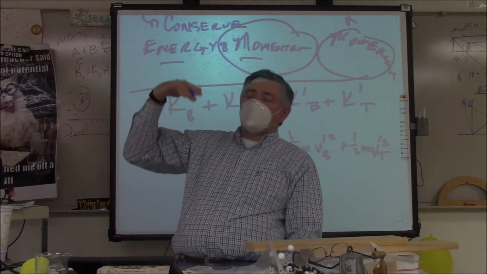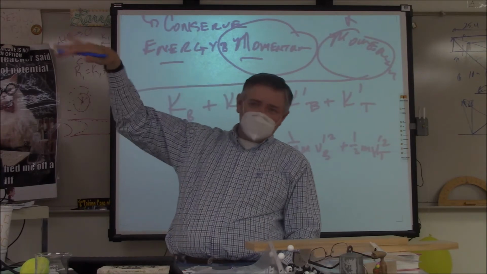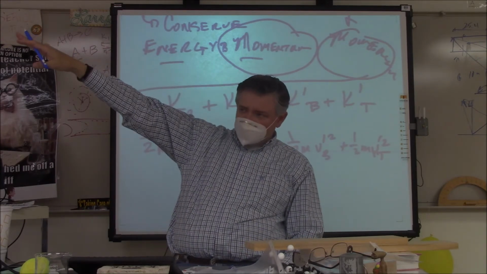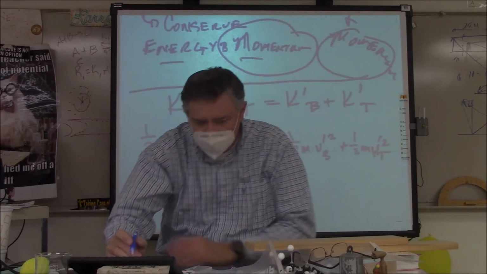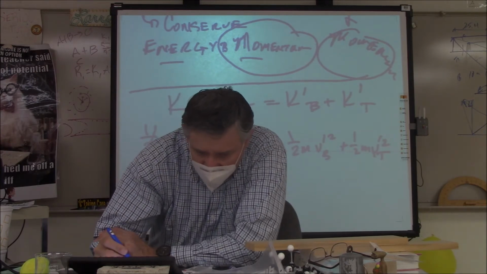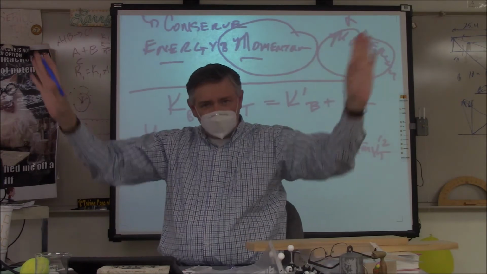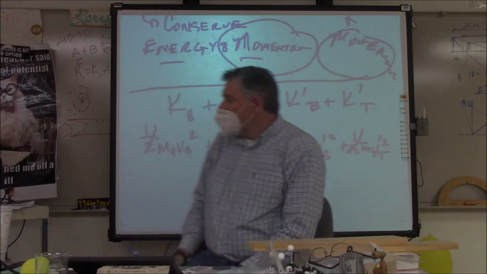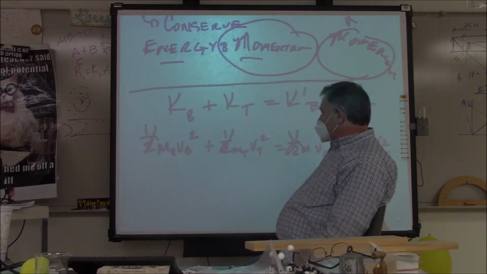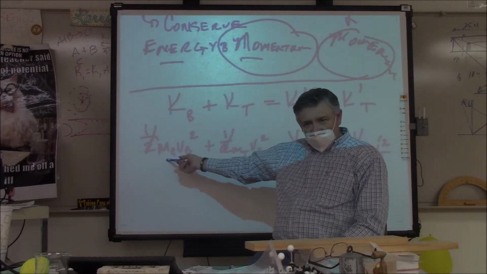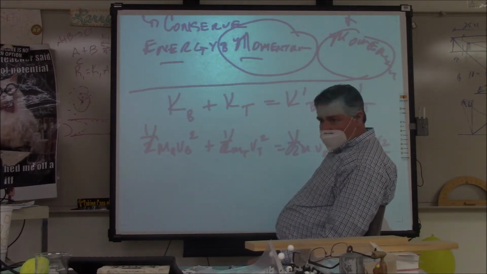It's this big long equation. Now, you all know how I feel about fractions. I'm going to get rid of them, so I'm going to multiply both sides by 2, and boom, all of the fractions are gone. Now, what I want to do is get all of the bullet terms on one side and all of the target terms on the other.